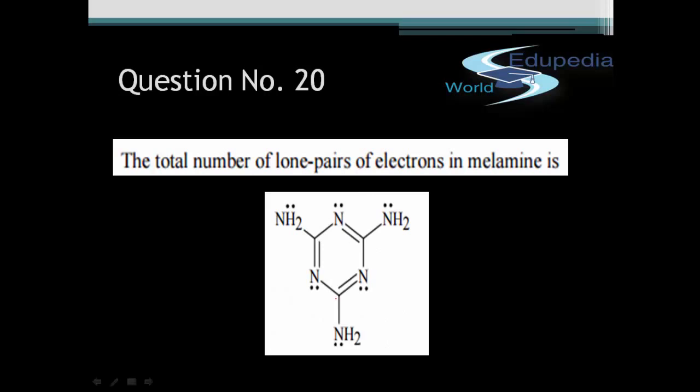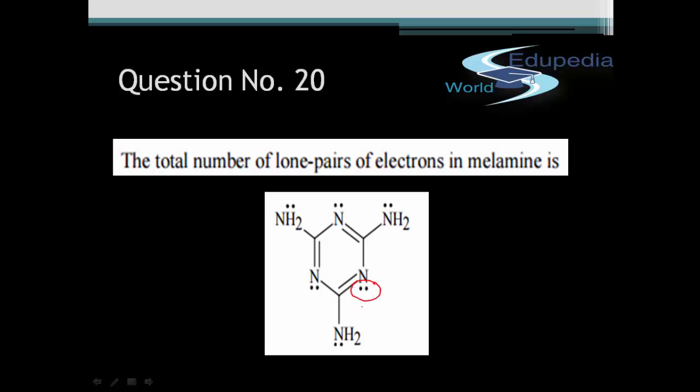And that finally brings us to the last question: the total number of lone pairs of electrons in melamine. Now this is a simple NCERT structure based question. If you know the structure of melamine, you can easily count the number of lone pairs over here.